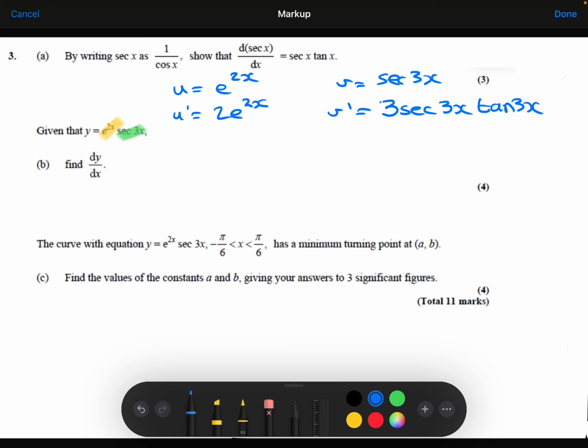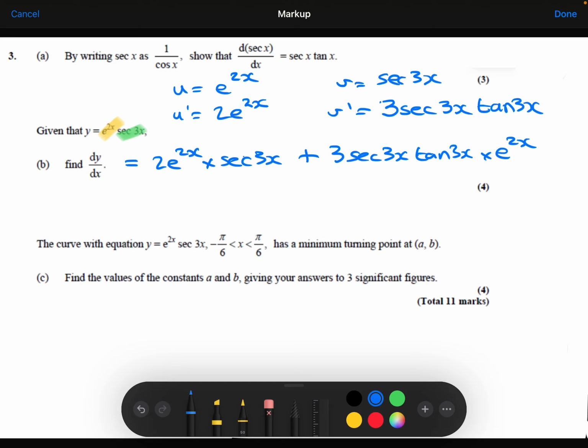Now applying the product rule, which remember is u dash v plus v dash u. So u dash v is this, plus v dash u is that.